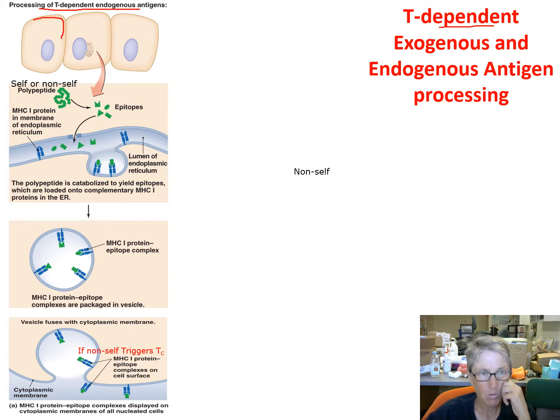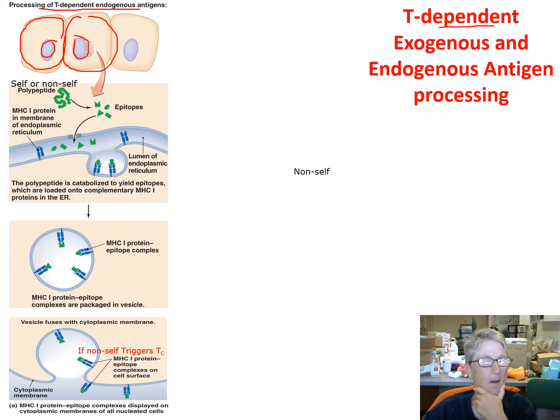So here you are. Here are some cells in your body, and here's the nucleus of the cells in your body. What happens is, inside the cytoplasm of a cell, these normal cells are constantly chopping up old proteins.